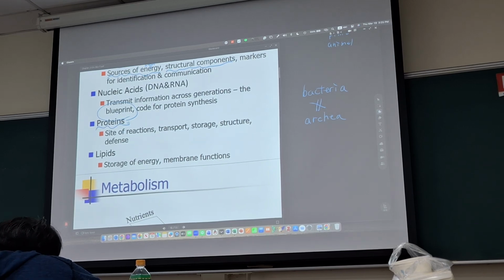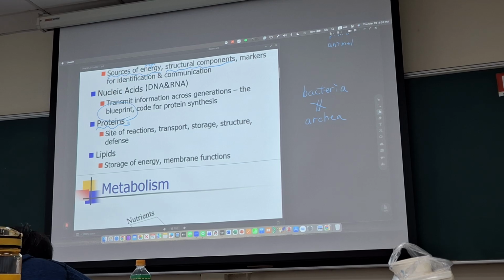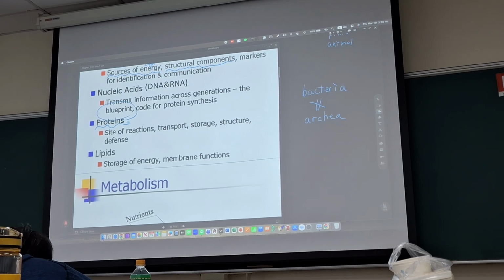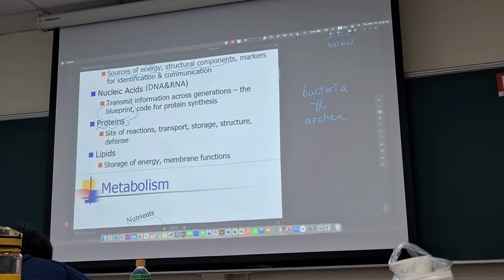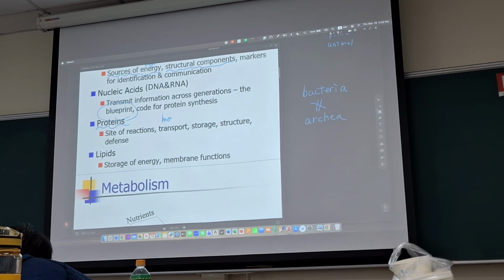So it's a blueprint. It's the code for protein synthesis. Okay, the next is protein. Protein is a sign of the reaction of the metabolism, right? Protein can be used to transport, for example, like hemoglobin.